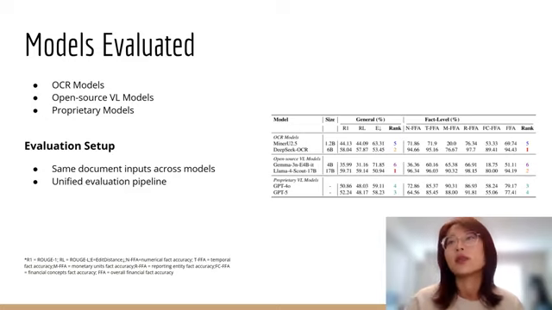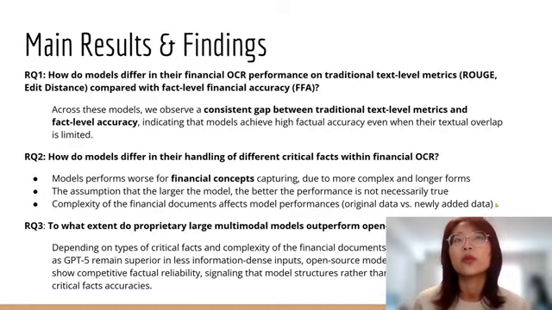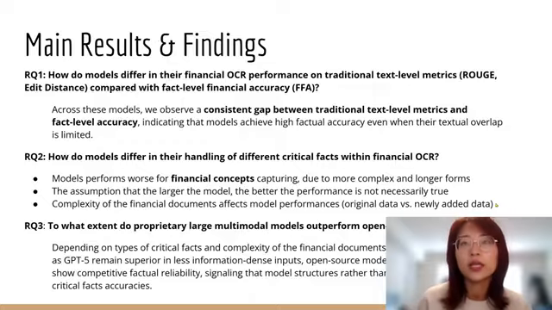On the right side, we can see that the financial concept FFA actually has the lowest financial fact accuracy if we compare within each model. And here we can see that it is lowest very likely due to the more complex and longer forms that appear in this fact type.